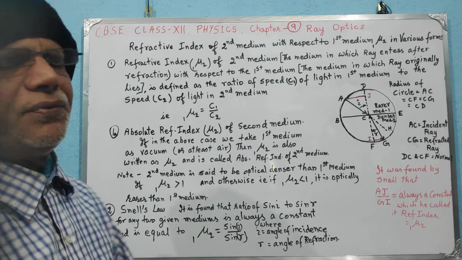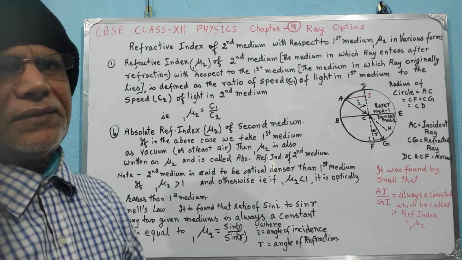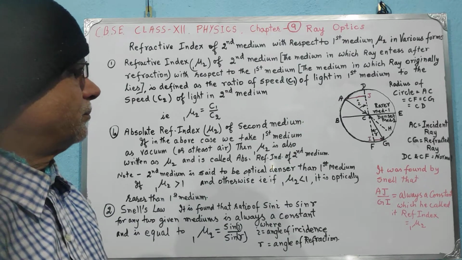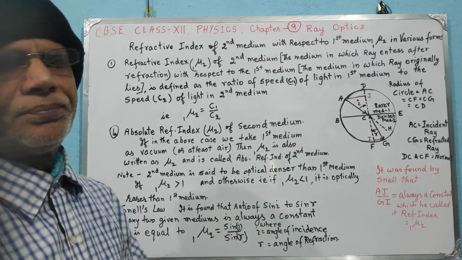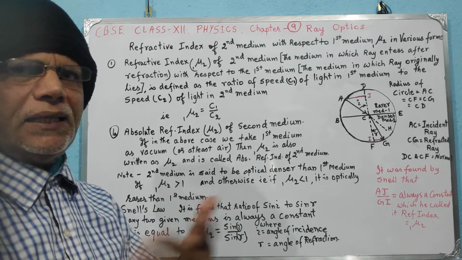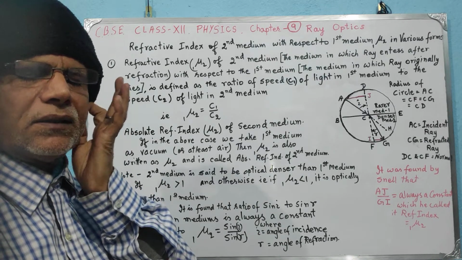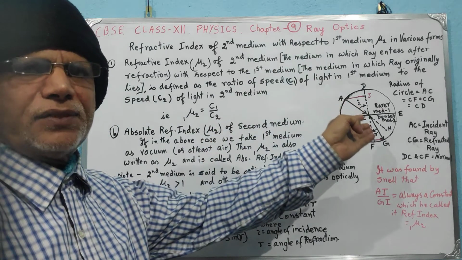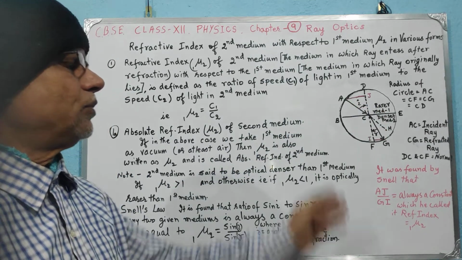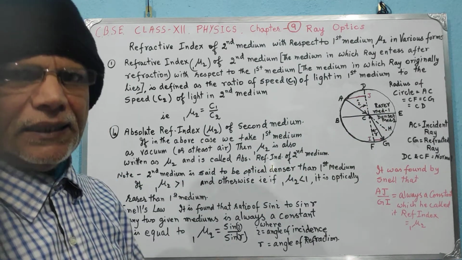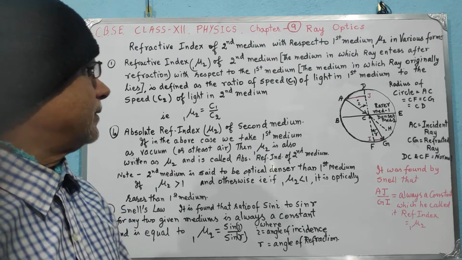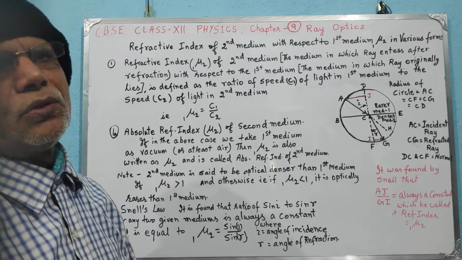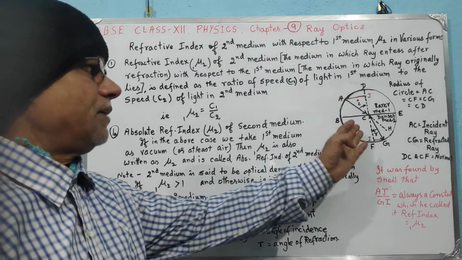We also define one term which is absolute refractive index. When we take the first medium to be vacuum and the second medium as any medium whatsoever, the ratio of speed of light in first medium, that is in vacuum, to the speed of light in second medium, that is any medium selected, is a constant and is known as absolute refractive index of second medium.